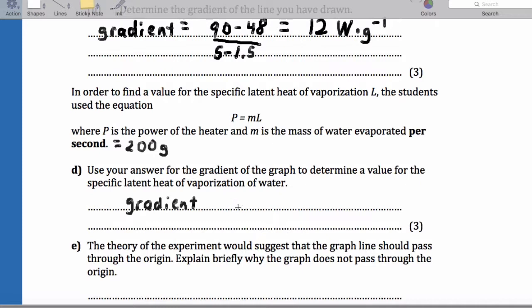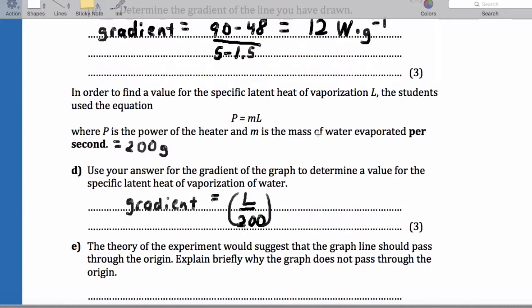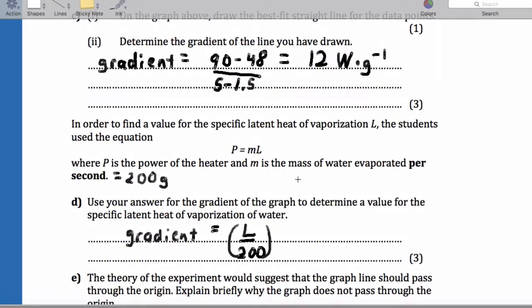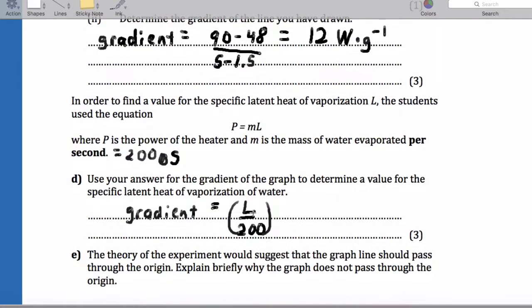It's going to actually end up being that we've got L over 200 as our gradient. I'm sorry, that's not 200 grams, that's 200 seconds in a gram, so this is L over 200, it's a time thing.